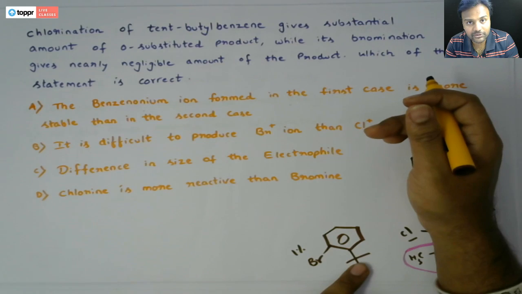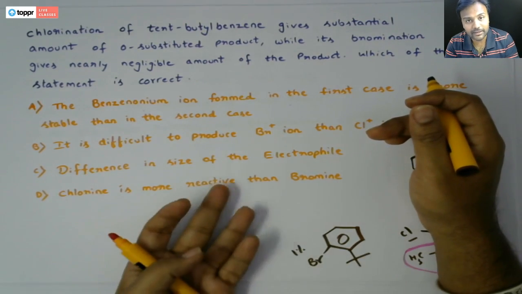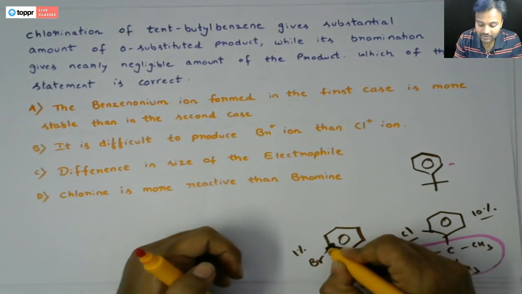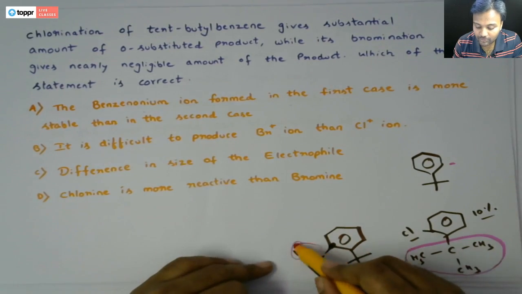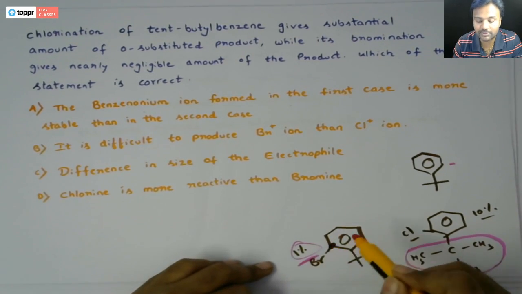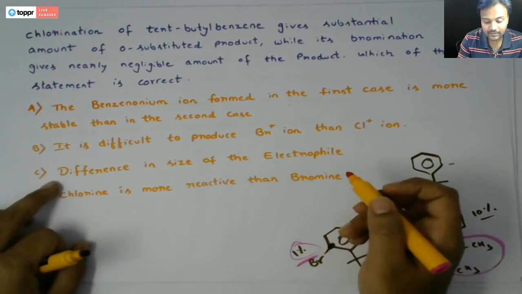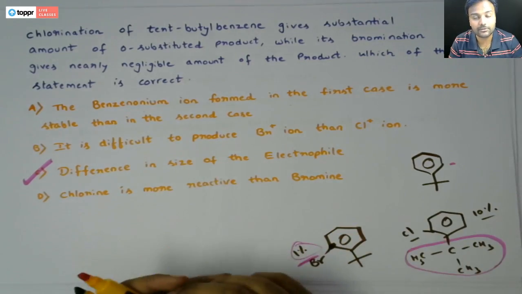Already there is a tertiary butyl group blocking the ortho positions. But if you use bromine, it is even bulkier. So this position is highly negligible. That means there is the least amount of product that you can expect at this position. Got it? So that's the reason: difference in the size of the electrophile.